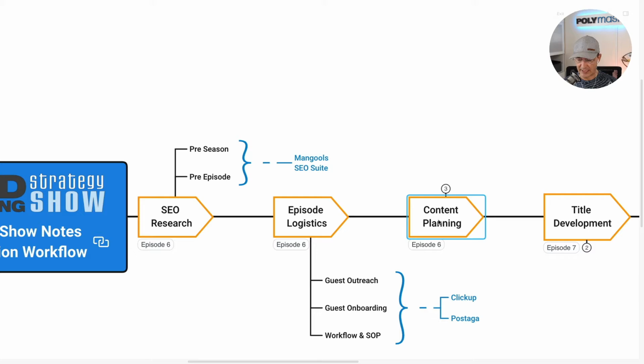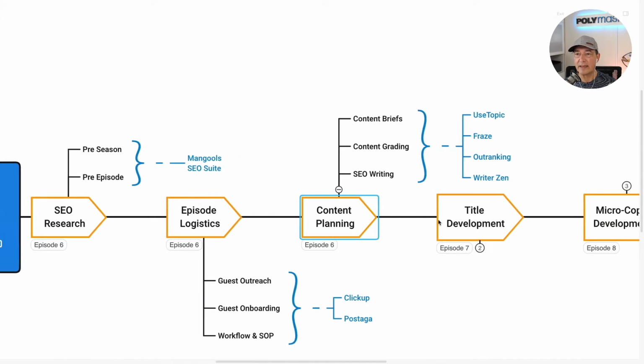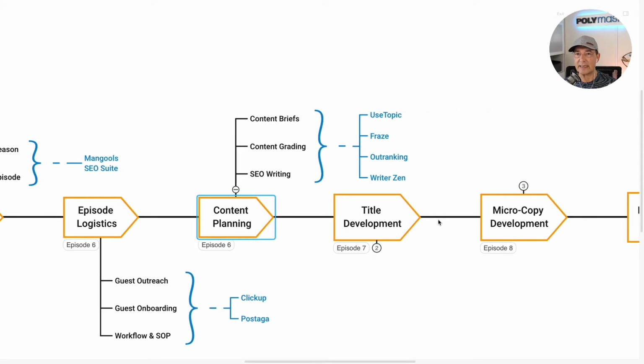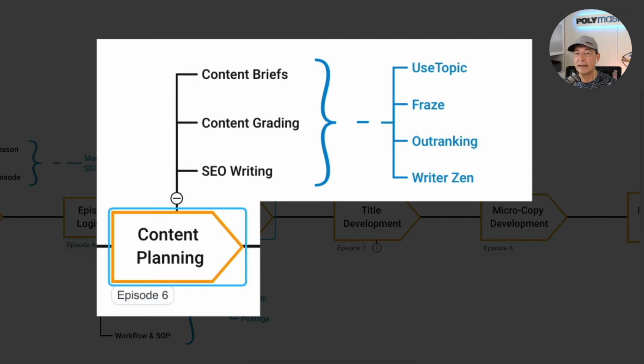Also in episode 6, we covered content planning. And the content planning basically is around content briefs and grading and SEO writing and preparing to have great show notes either after or prior to recording. And the tool that we focused on there was Use Topic. Now, since then, an update: Use Topic and the founders, Rio and Nick, were lucky enough to get acquired by a much larger organization, which allows them to have more impact.